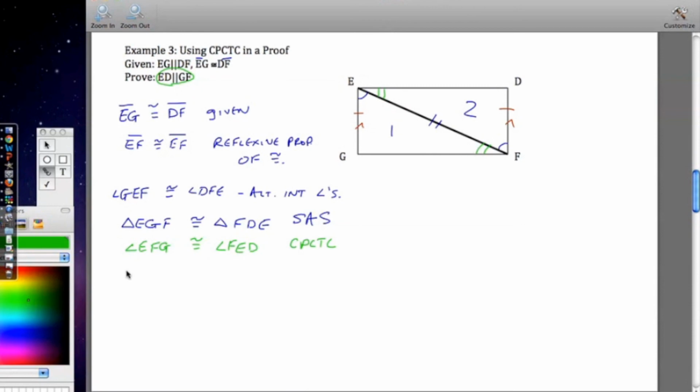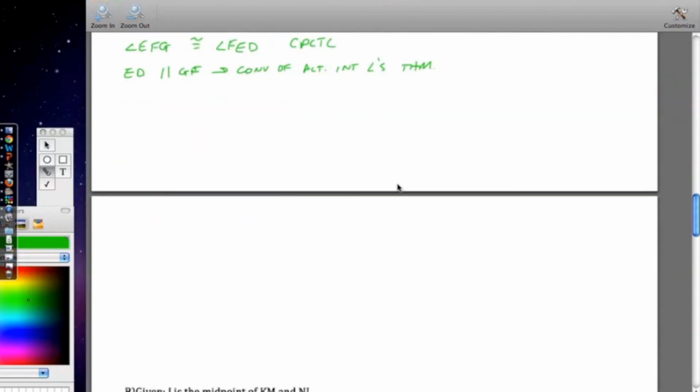So now I can say that ED is parallel to GF. Why? Because this is the converse of the alternate interior angles theorem. Okay? So because these two sets of angles are congruent, I can say that these are parallel to one another. Okay? That's actually a slick little proof.